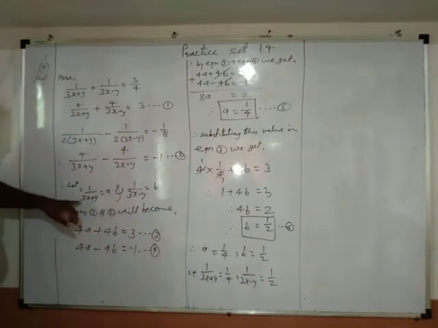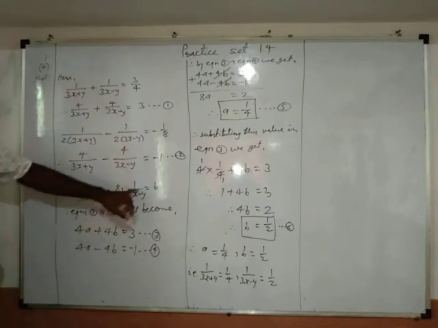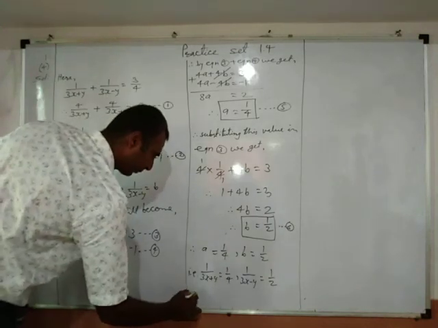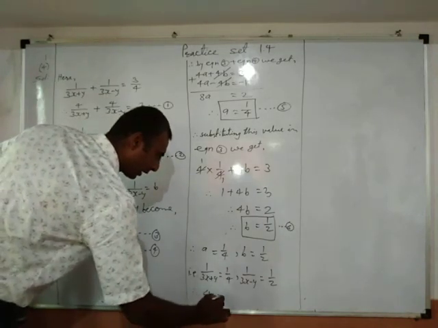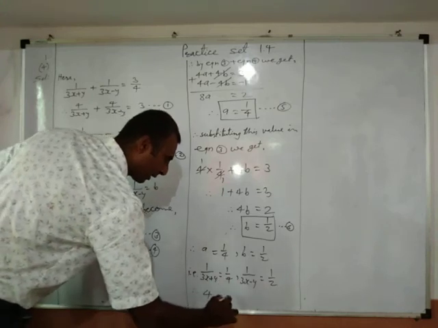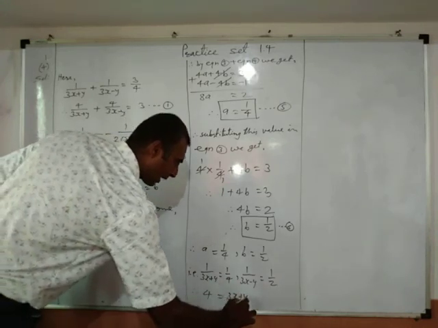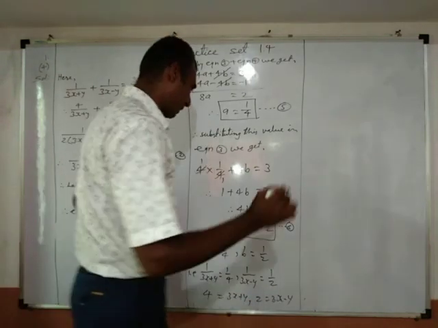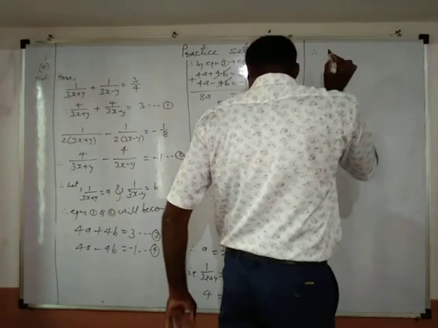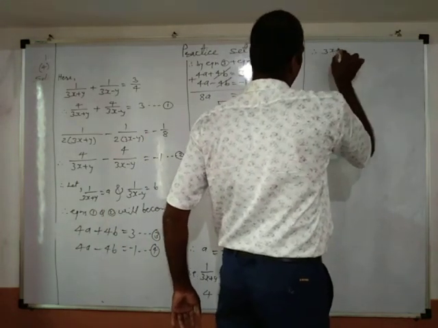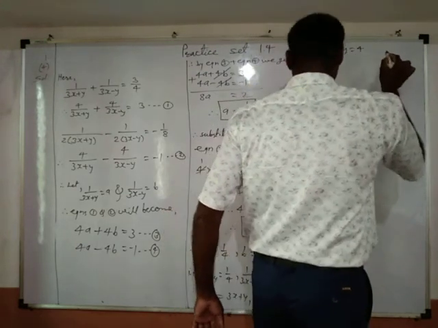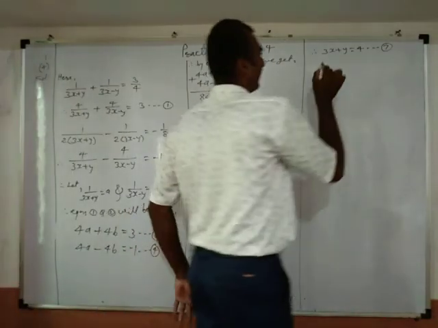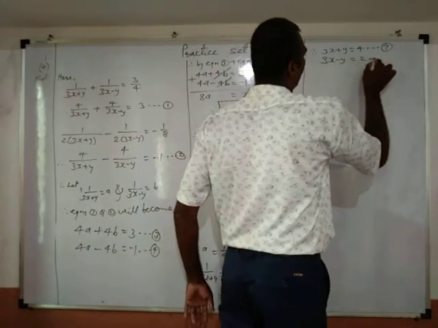On cross multiplication, 4 into 1 means 4 and 1 into 3x plus y means 3x plus y. Similarly 2 equals 3x minus y. Okay, by changing sides, therefore this will become 3x plus y equal to 4. Equation 7th.